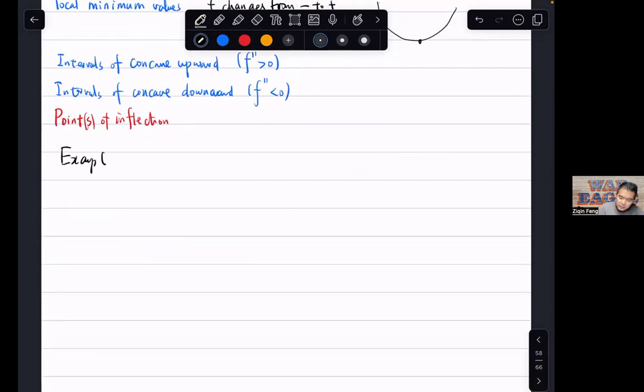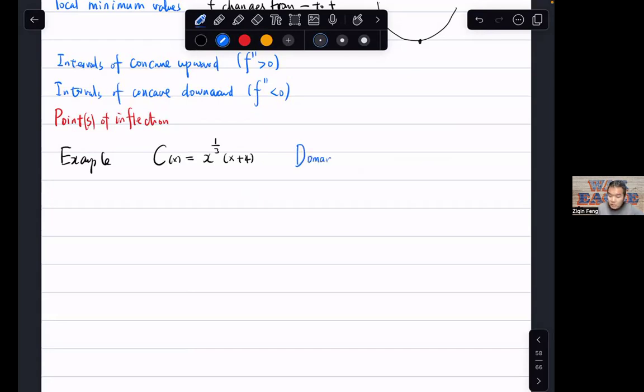Example here is c of x equal to x to 1 over 3 times x plus 4. So that's clearly not a polynomial anymore, right? It's a bit complicated because now the exponent contains a fraction 1/3. So before we do anything, as I said, you need to figure out what is the domain, right?